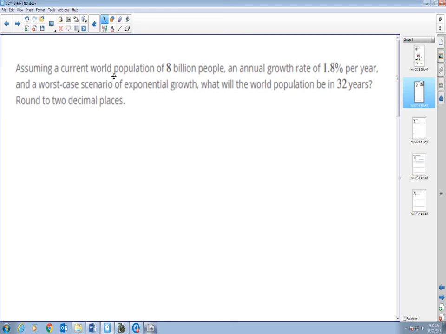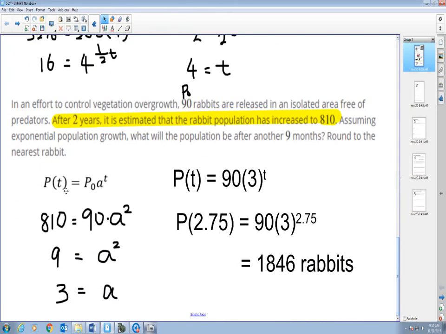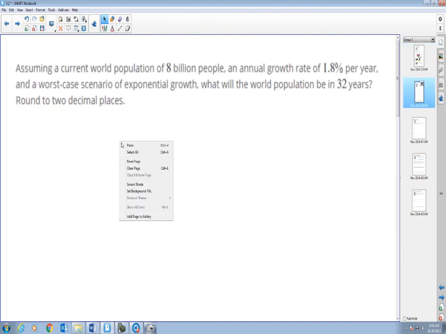Assuming a current world population of 8 billion people, an annual growth rate of 1.8% per year, in a worst case scenario of exponential growth, what would the population be in 32 years? Let me go down here and copy my model here. This problem is a little bit trickier because my initial population right now is 8 billion.